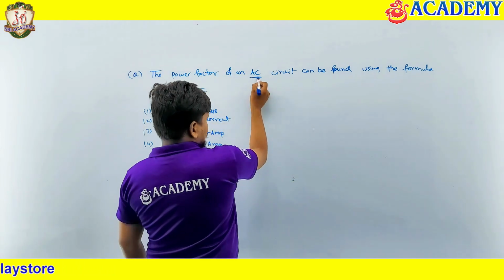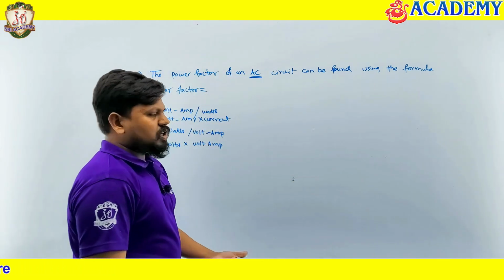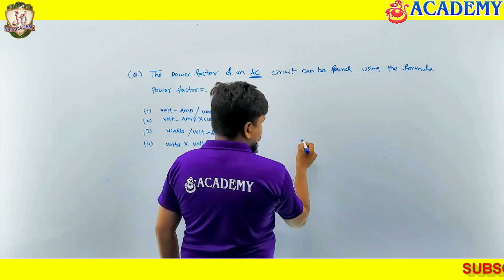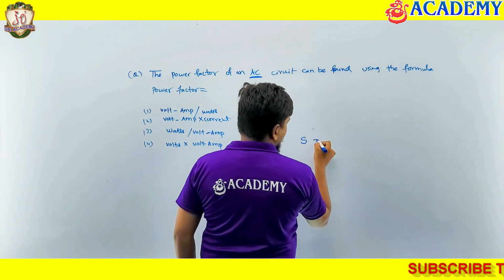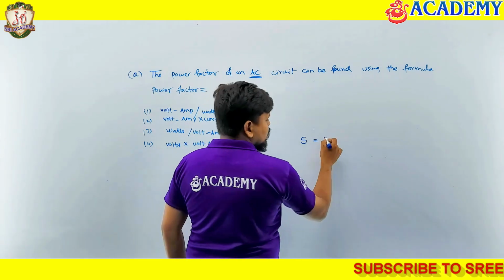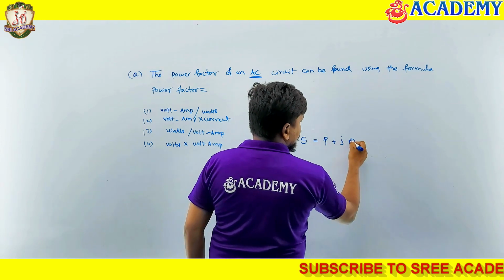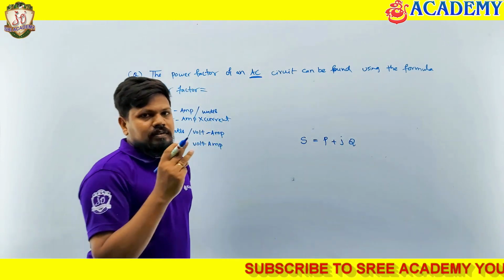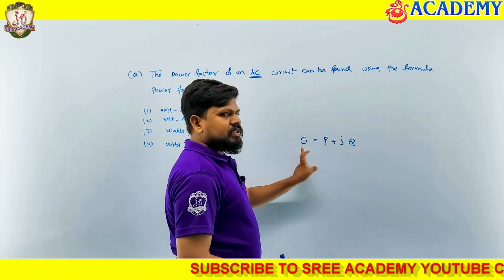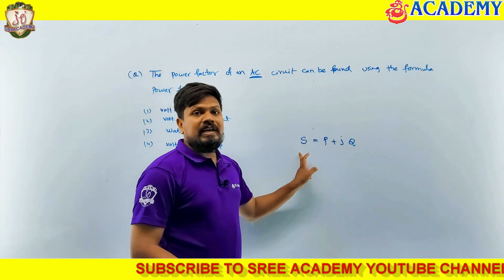In any AC circuit there will be three types of powers. One is apparent power, another one is active power, and another one is reactive power. So total three powers will be there. The first one is apparent power, otherwise complex power it is.